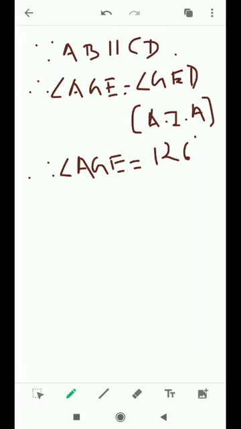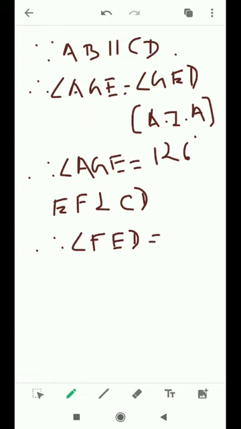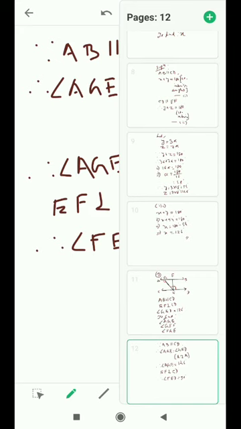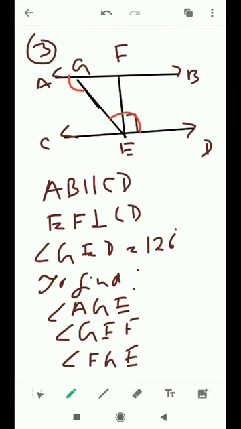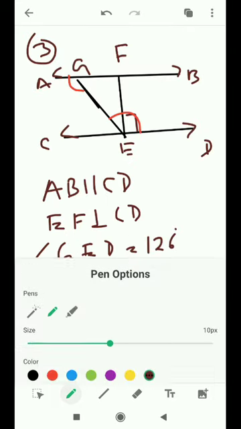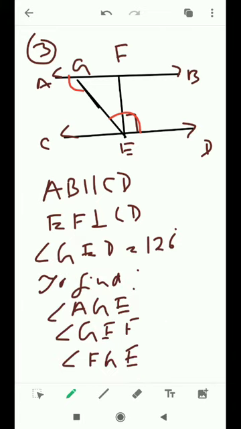So we have EF perpendicular to CD. Therefore FED angle will be 90 degree. And we have ZED. In the diagram I will show you, from this ZED angle, if I subtract this FED, we will get ZEF.